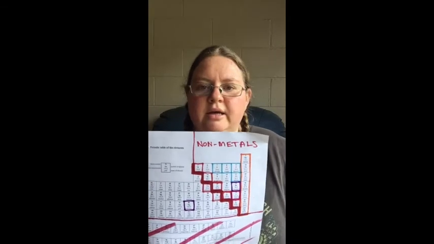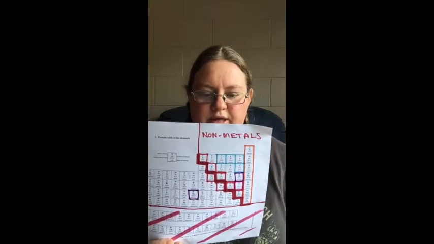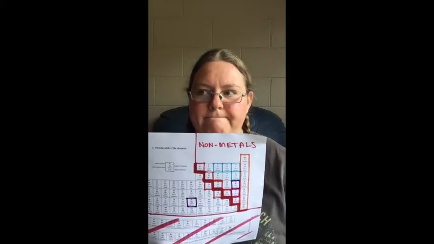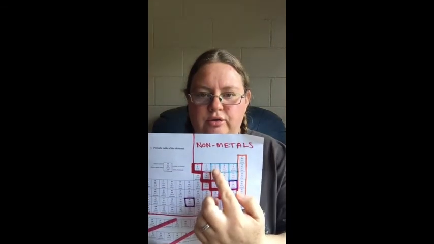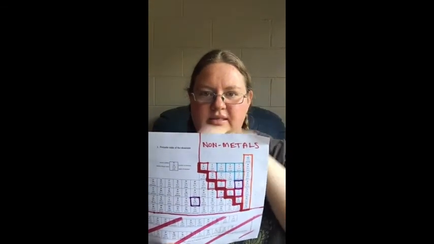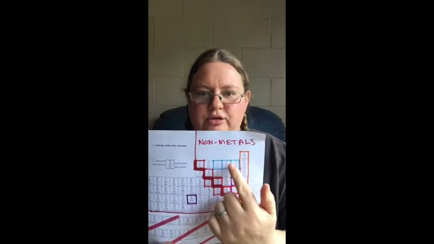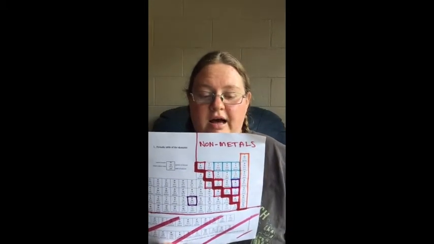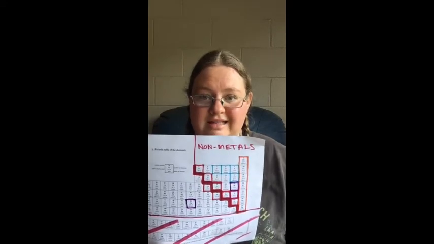So from here on in, what have we got? In blue here, nitrogen, oxygen, fluorine, and I've put chlorine in that as well. Those four exist in their diatomic form: N2, O2, F2, Cl2. They're all gases.